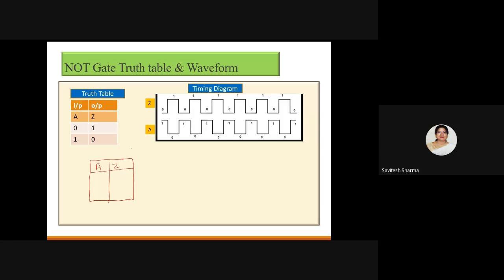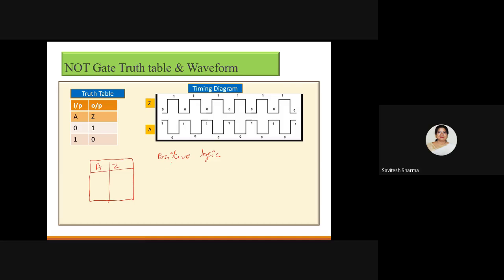As I said, there are two logics, positive logic and negative logic. If you change the logic, the function will totally change. That's why it is very important to understand in which logic we are writing the truth table.